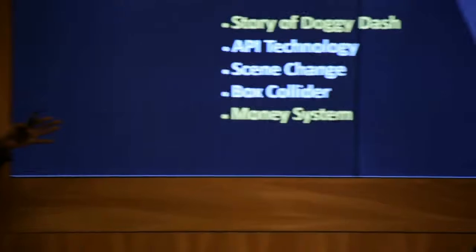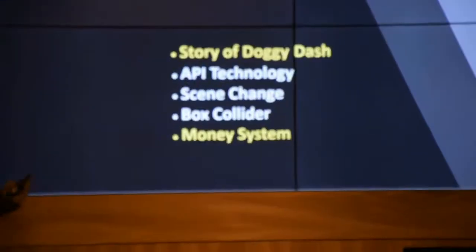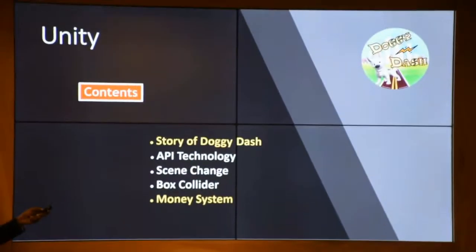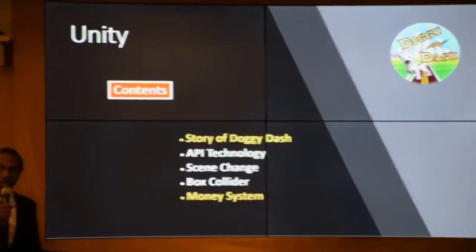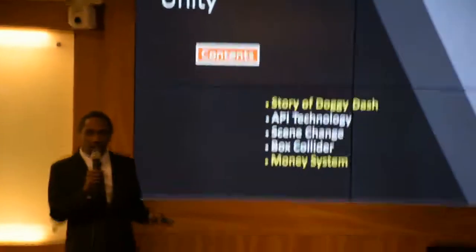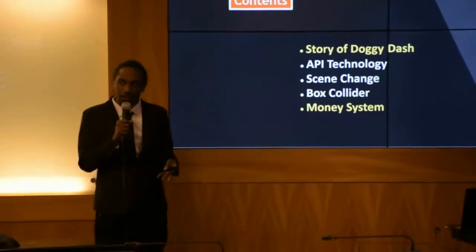Hello everyone, I'm Ronald, the leader of the communication group, and my group members are Shem, Wayne, and Belle. We'll talk about the communication aspect. About Unity, we have 5 points: the story of the Doggy Dash, API technology, scene changes, the box colliders, and the money system.